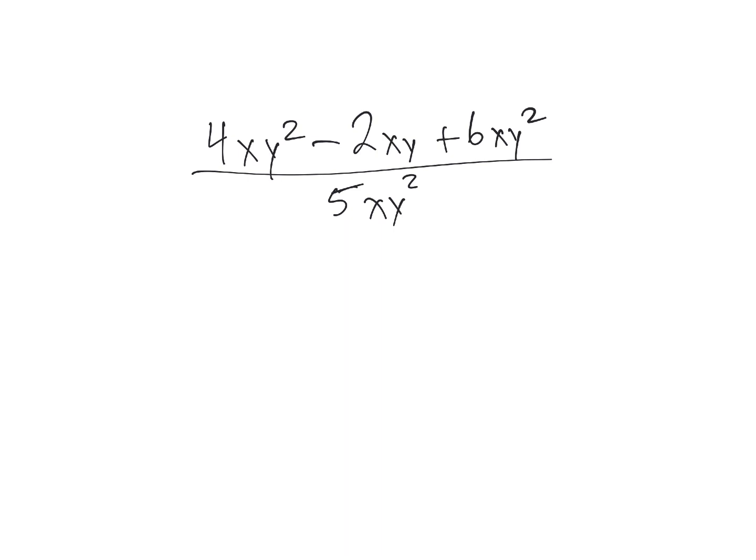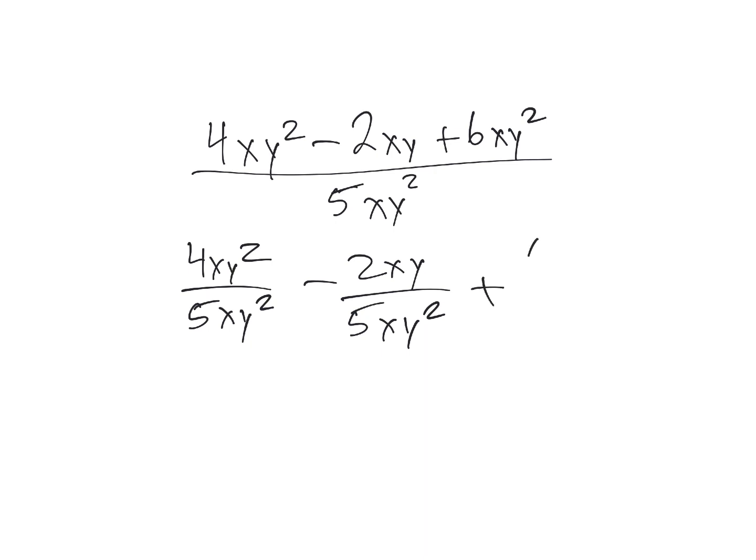So I didn't mean for the first term and the third term there to be the same, but we'll go ahead and deal with that. 4xy squared all over 5xy squared minus 2xy all over 5xy squared plus 6xy squared all over 5xy squared.